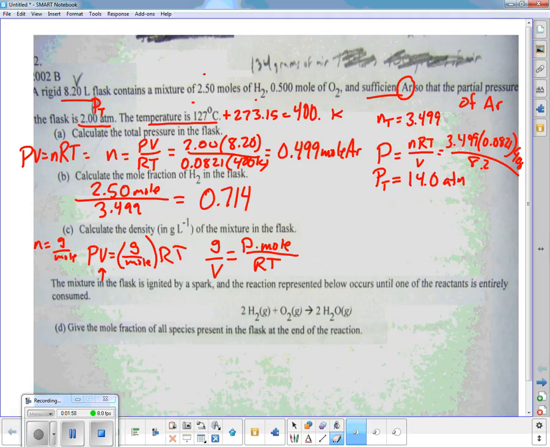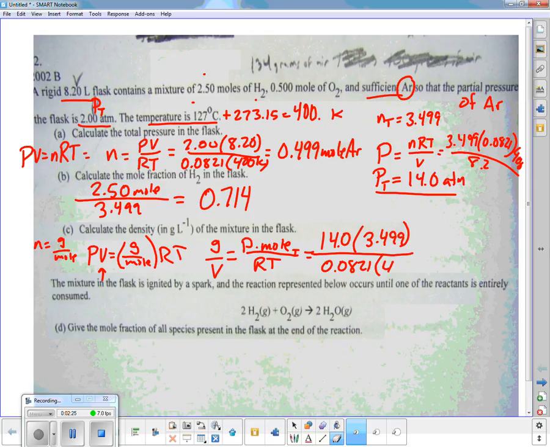Okay, and then we just take what we had up above. Remember, the mole is the mole total. And we plug in. So we have our pressure total right here. So we're going to put our pressure total in. So 14.0 times total mole, 3.499, divided by R, 0.0821, times temperature, 400 K. You got a really ugly number, okay? 1.49.